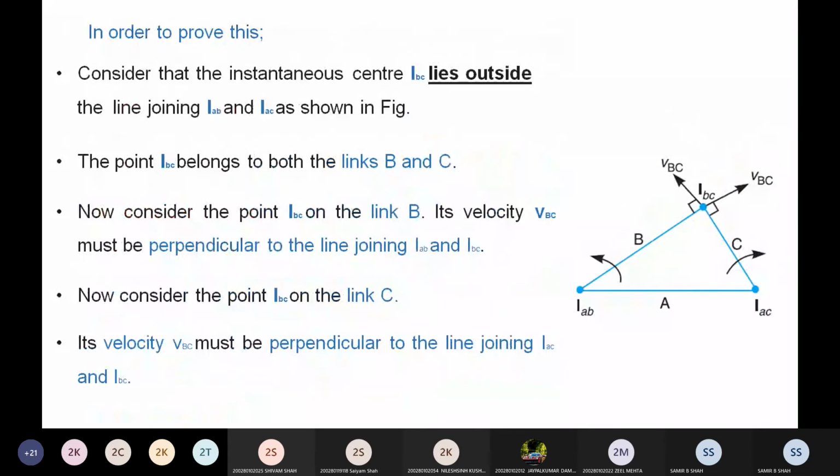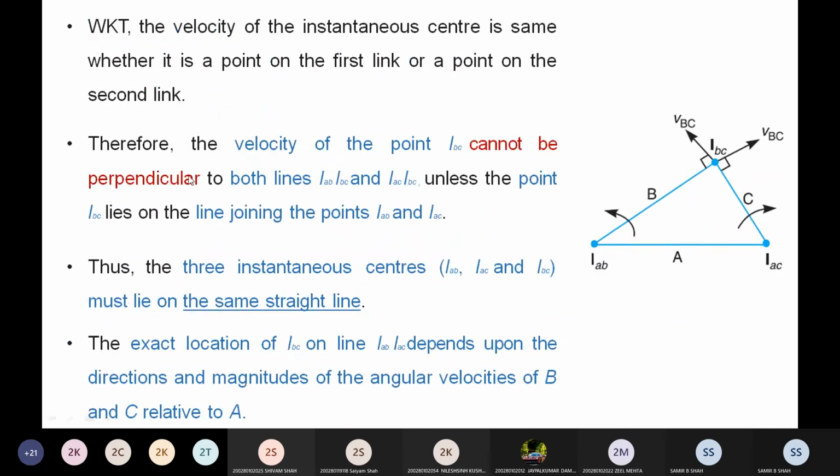We started by considering that IBC is in an outside position, and if it is outside, then it is not in the straight line. It means that if it is inside, then it is in the straight line position.